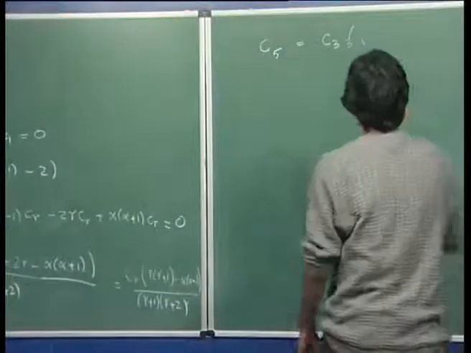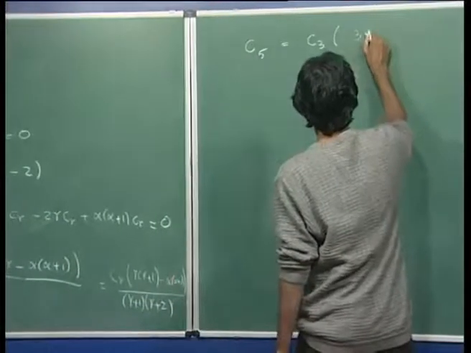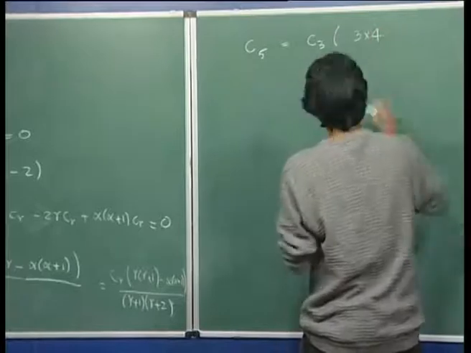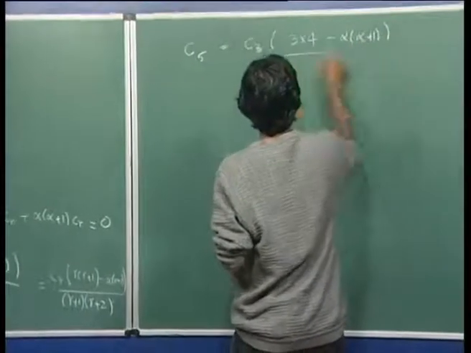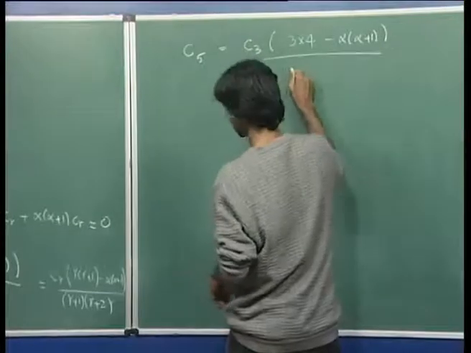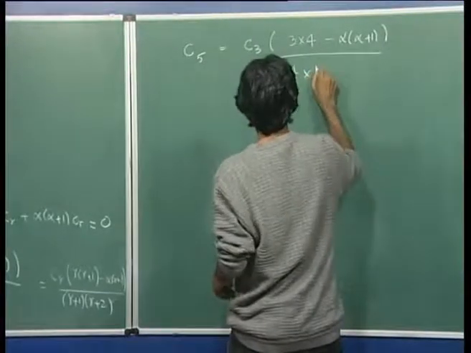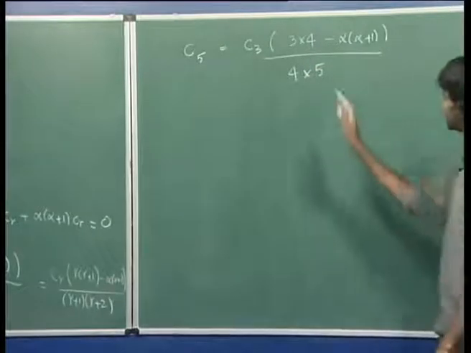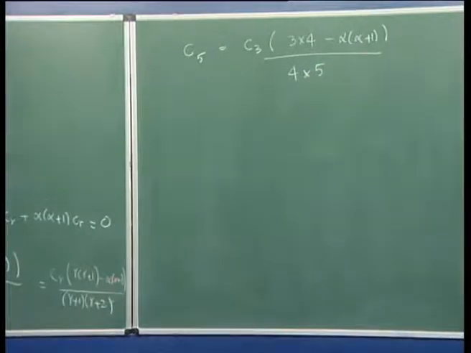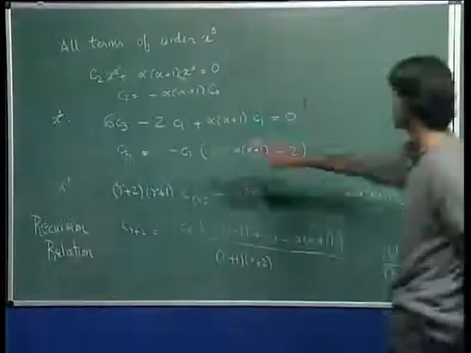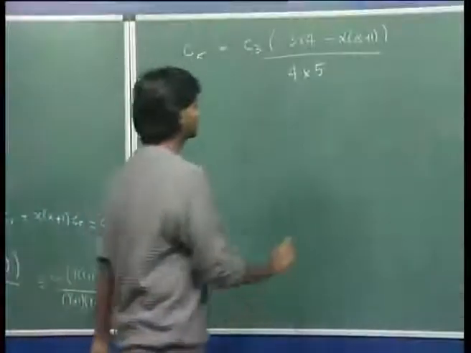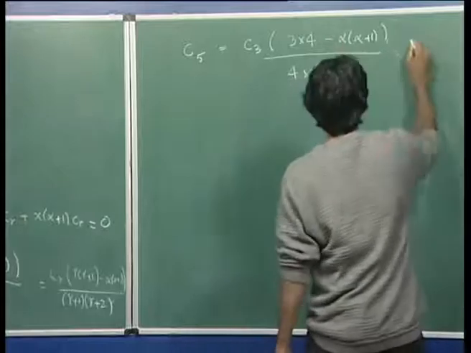So, C3 times, and r plus 1 is 3 into 4, minus alpha, alpha plus 1, divided by 4 into 5. Okay. So, I wrote C5 in terms of C3. Then what I do is I will write C3 in terms of C1.